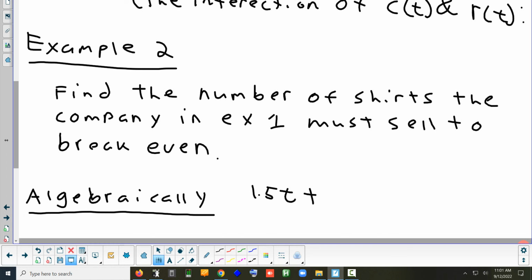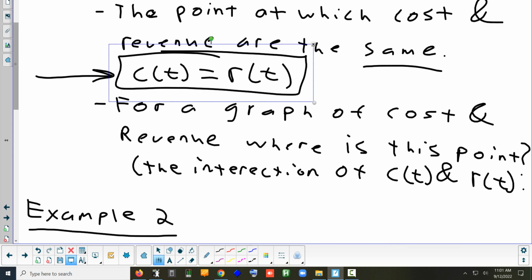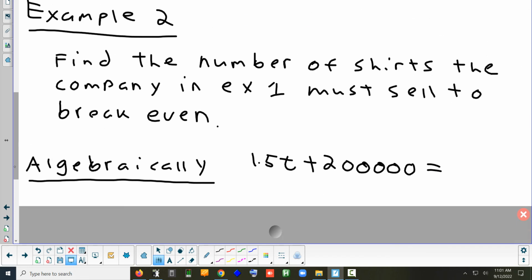And the fixed cost were how much? 200,000. So there's your cost. And the revenue was how much per shirt? 4. Okay, so solve for t.